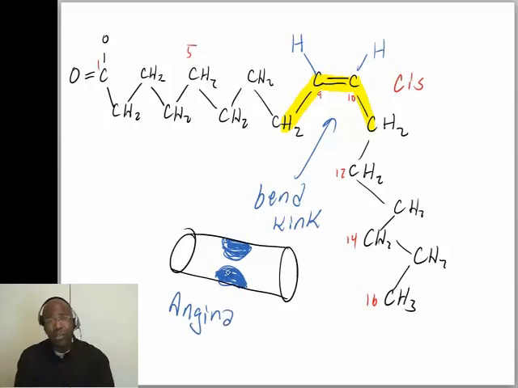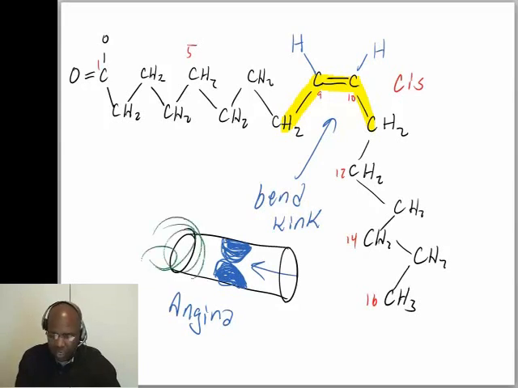So that condition is called angina. This is caused by saturated fats. And then one day, if you keep on eating these saturated fats, that's going to close up completely. And now, any cardiac tissue downstream of this is not going to get any oxygen, and that cardiac tissue is going to die.